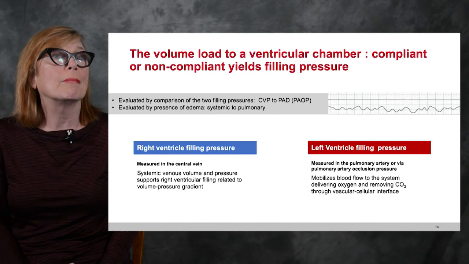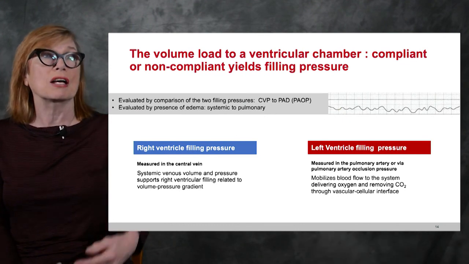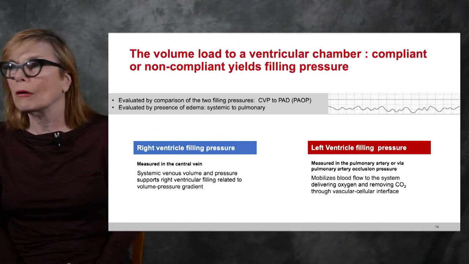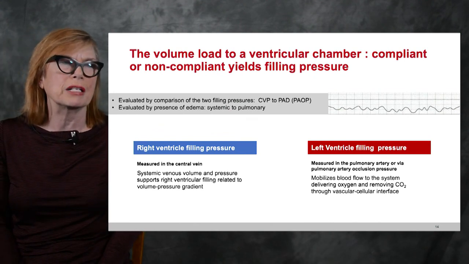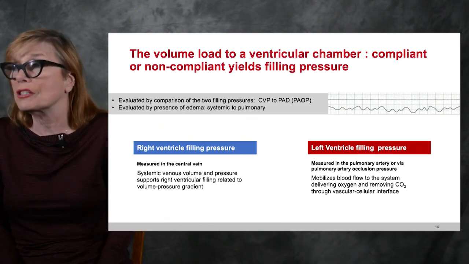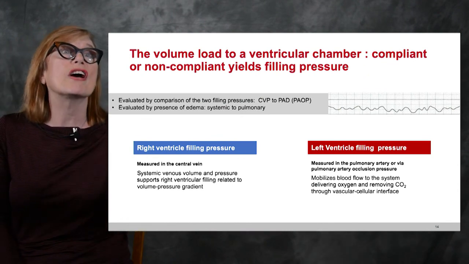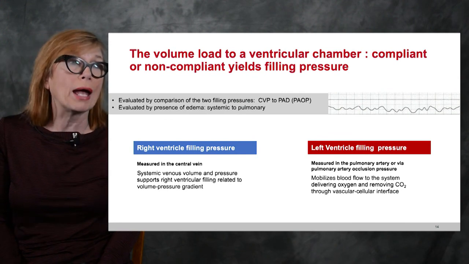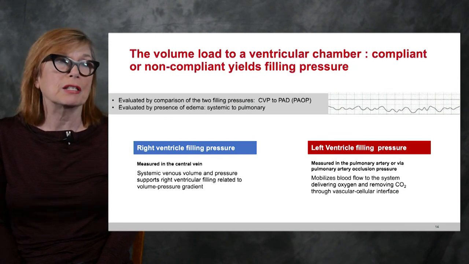But what we want to remind ourselves is, if we have a central line, I'm sorry, I don't want to offend anybody, I don't care if my physician orders central venous pressure monitoring, I'm always going to connect a transducer to the distal lumen of my central line so that I can always monitor central venous pressure.